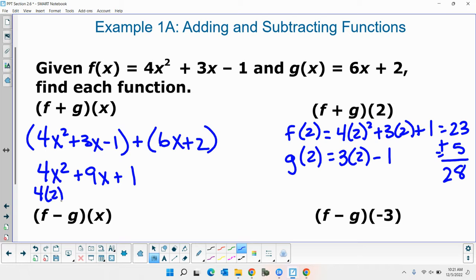You should still get the same answer unless I made a mistake. I don't think I did. 2 squared is 4 times 4 is 16 plus 18 is 34. But there's something wrong here. What did I do wrong?